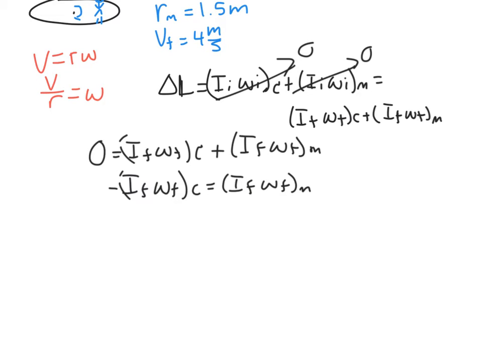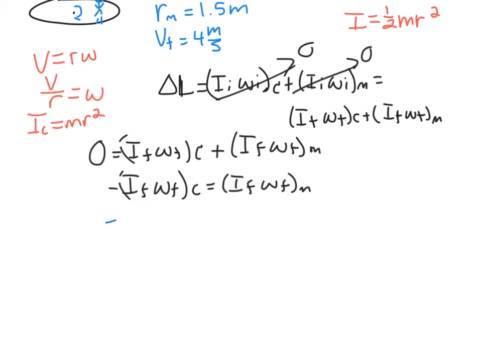For the child, they are a point mass, so therefore moment of inertia for the child equals mr squared. And then for the merry-go-round, it's a disk, so that moment of inertia equals 1/2 mr squared. So the only unknown in all of this would actually be omega final for the merry-go-round.